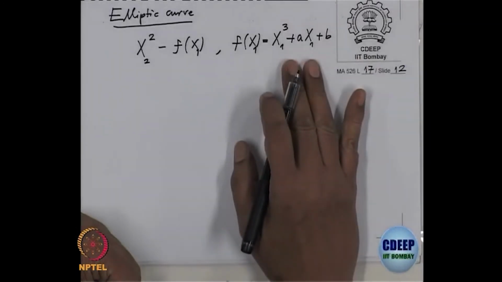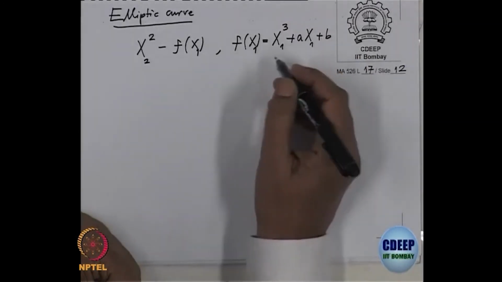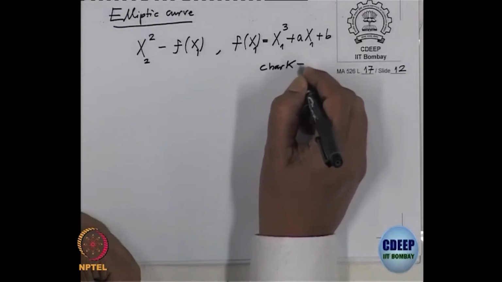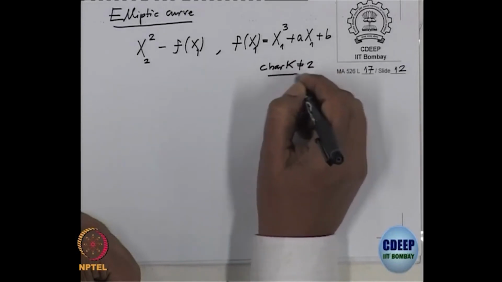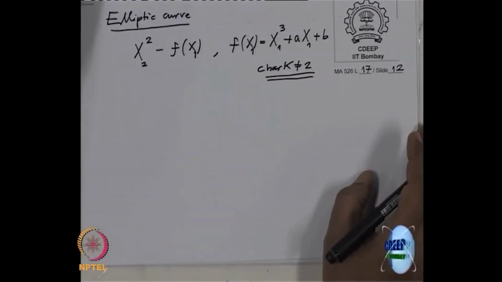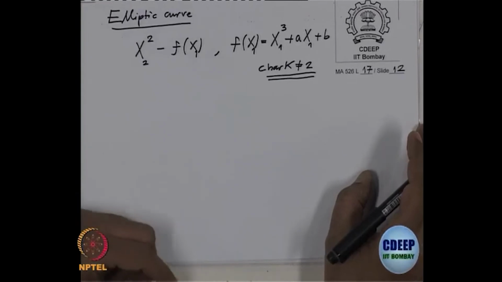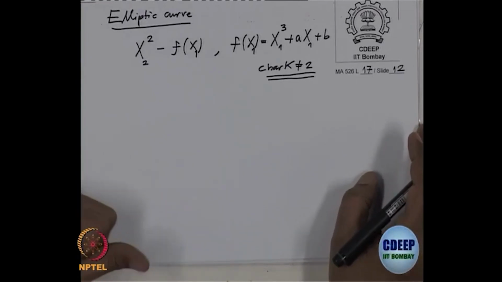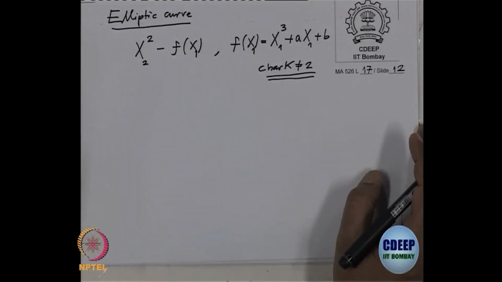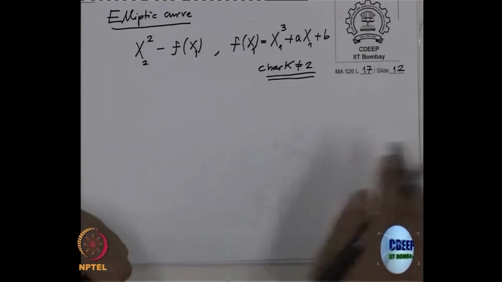And let us assume also the characteristic of the field is not 2. This is needed because otherwise you do not have good formulas for the quadratic equations roots. If you have a characteristic 2 field, how do you write the zeros of the quadratic equation?